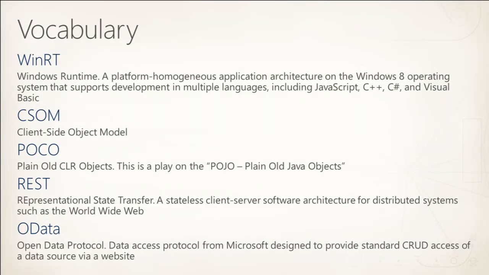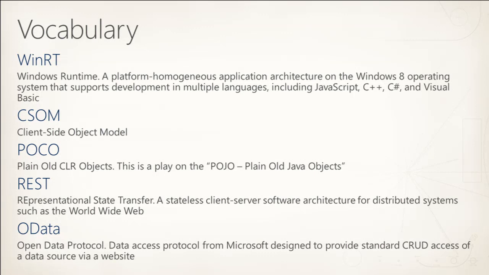Then there's the CSOM, which is the client-side object model for SharePoint. And again, I just went through the APIs in that last slide. For all apps, we could use .NET libraries, JavaScript, or REST. In Windows 8, we're sort of limited to JavaScript and the REST API.